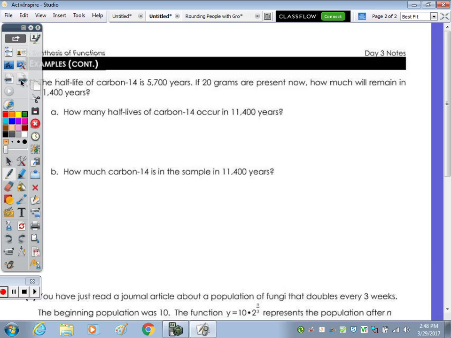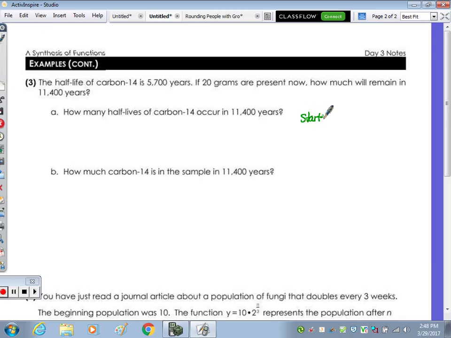So if we have our starting amount again, so we start with 0 years. And how much of the substance? 20 grams. Go to our first half-life. Our first half-life is at how many years? Yep, 5,700.